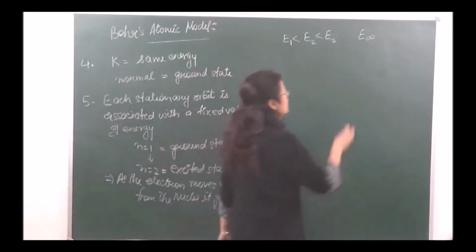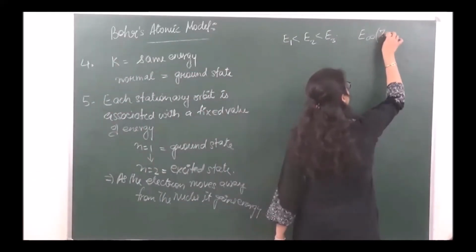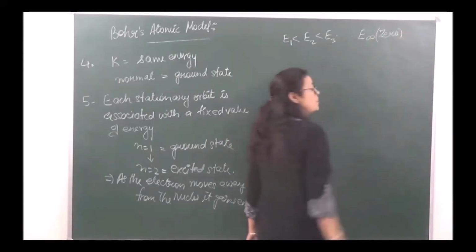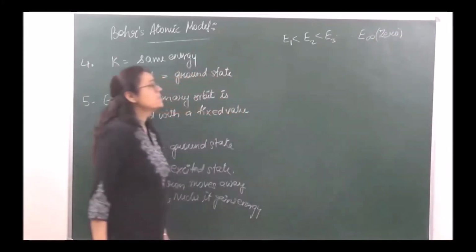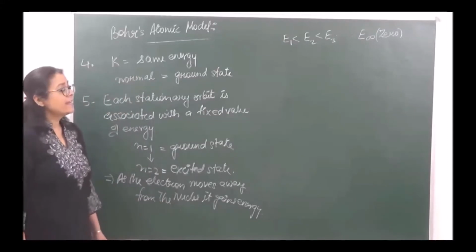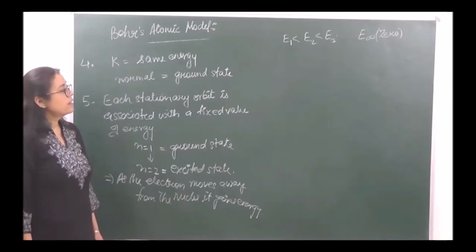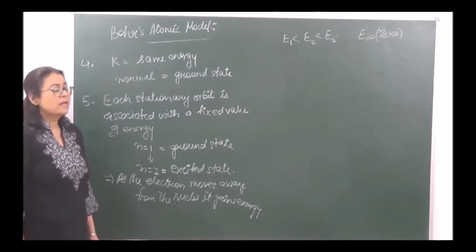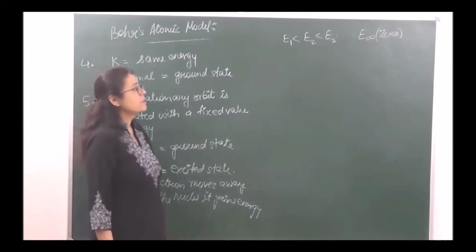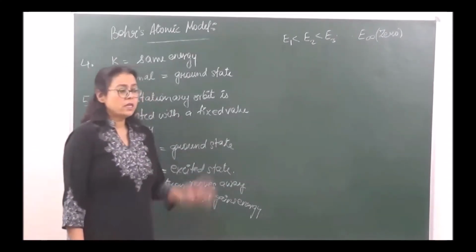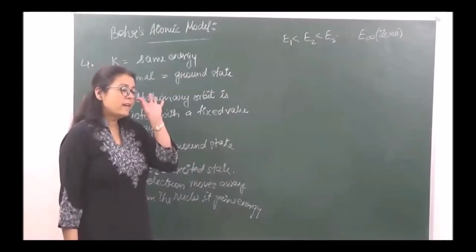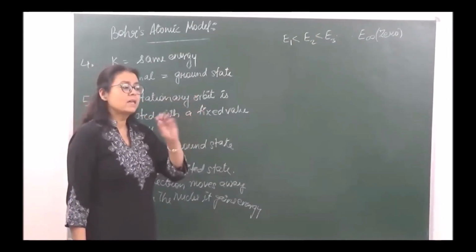The energy of the electron at infinity is taken to be 0, where it is not having any attraction towards the nucleus. Okay, so the energies keep on increasing when we go from E1 to E infinity, and we say that at E infinity the energy is going to be 0, where the electron has no attraction towards the nucleus.